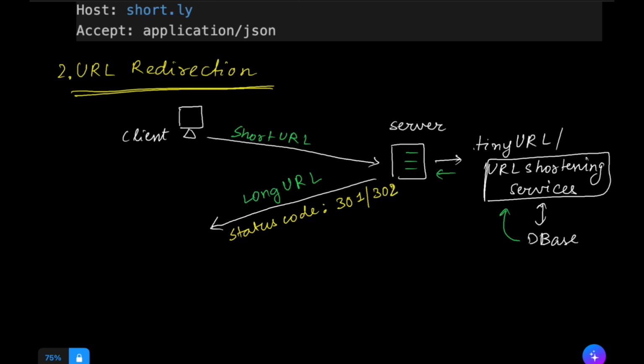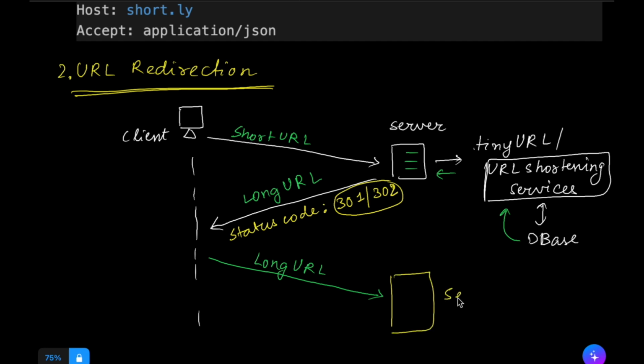We will look into the details very soon, like what each of these denotes. So the server returns the long URL along with this status code to the client, and finally the client has the original server it needs to connect to. It visits the long URL, the actual original application. So this is the overall overview of how a short URL redirection occurs.